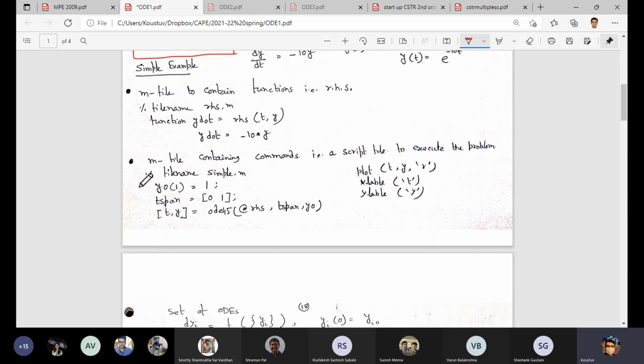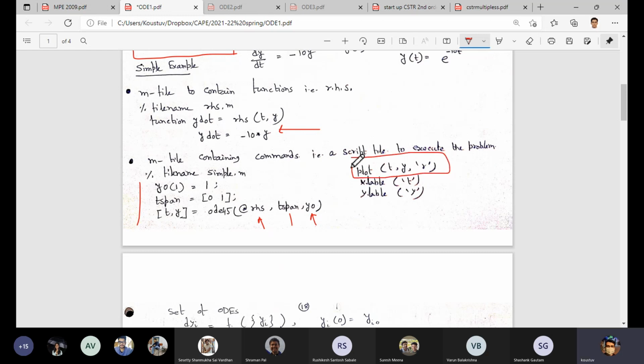So the main file calls the function file, the RHS. Based on the input range or initial values, it starts evaluating all the intermediate values, and then it shows the final values in the main file through the plot option.